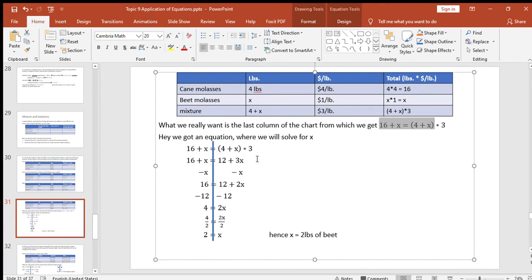Now what do we do? We do topic 8. We solve for x. So here's how we solve for x. Again, simplify things first. Let me write that down. Simplify. Eliminate smaller variable.